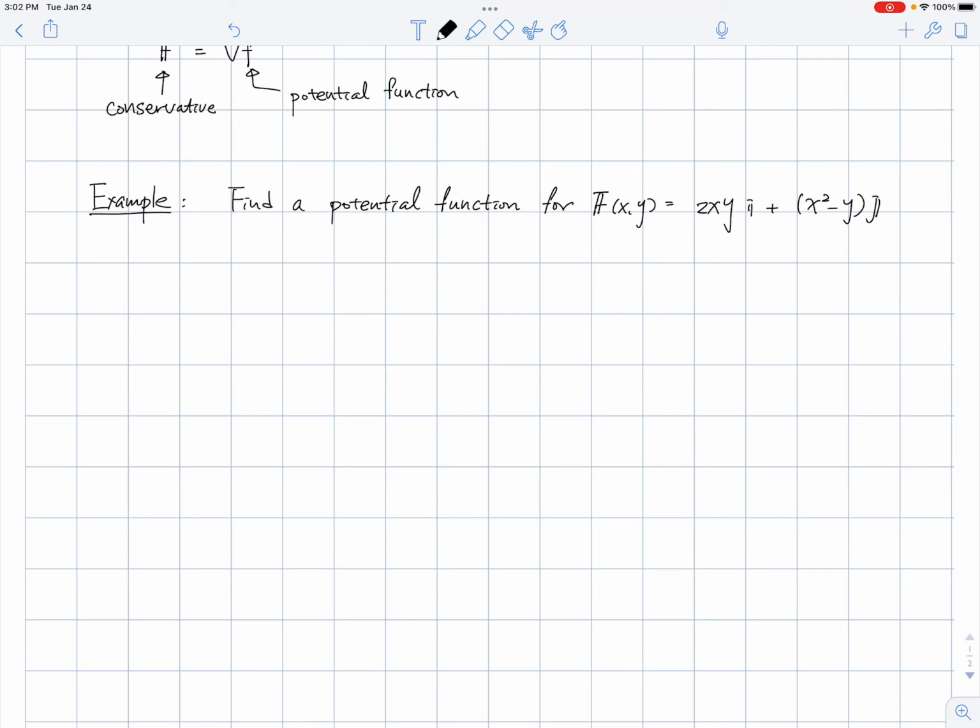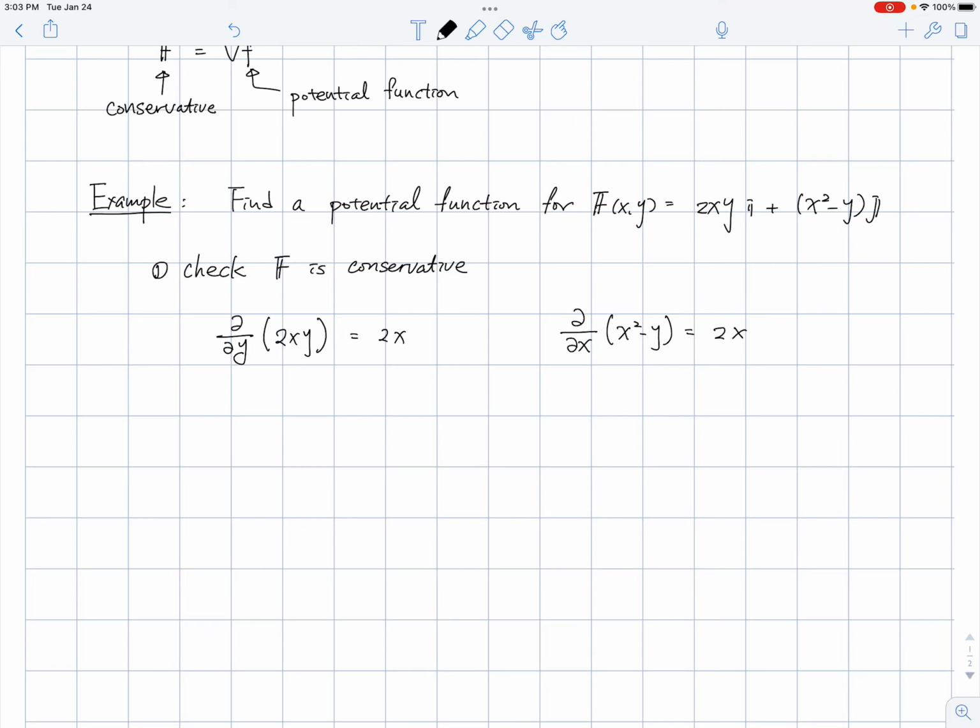Okay, so first of all, you can check f is conservative. That is checking ∂/∂y of the x component is equal to ∂/∂x of the y component in this case.